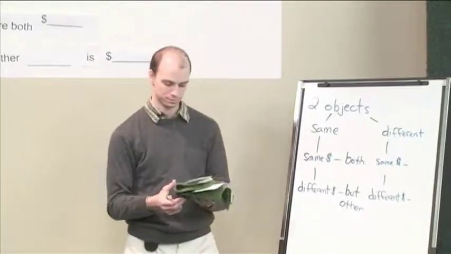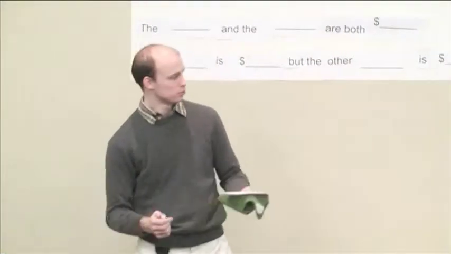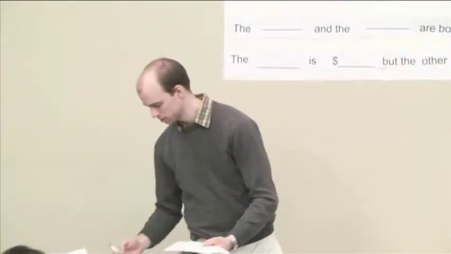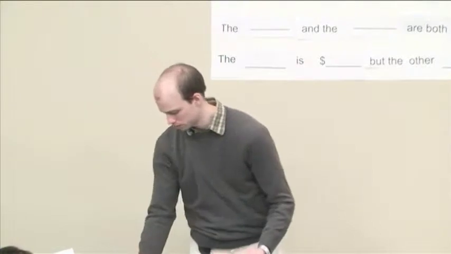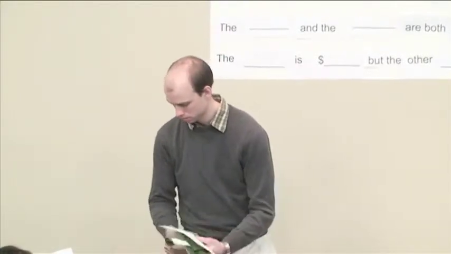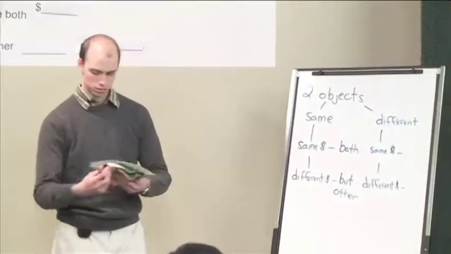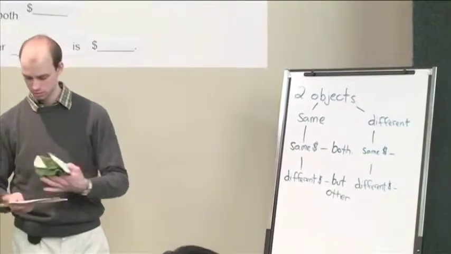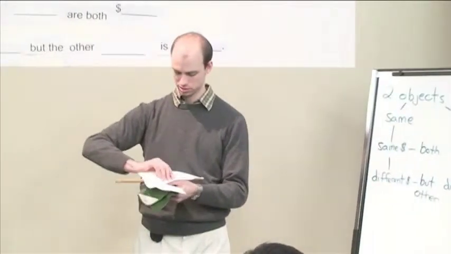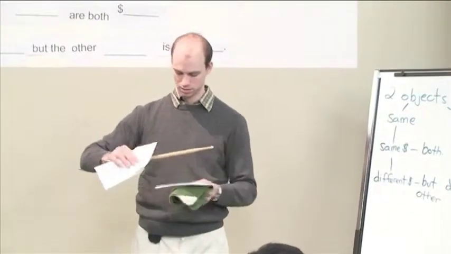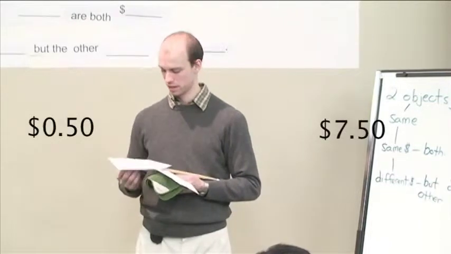Now if we have two different objects, so let's say, I'll move this 50 cents back to my drumstick here. Two different objects, different prices. This is not sticking. Come on now. What would we use? And or but?